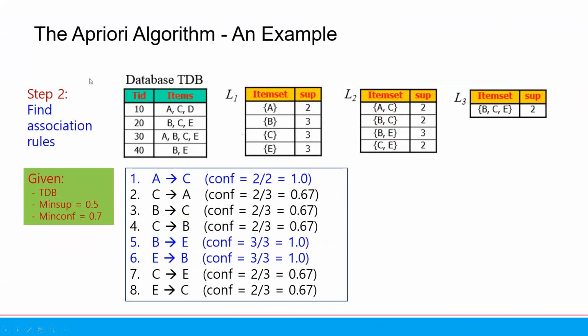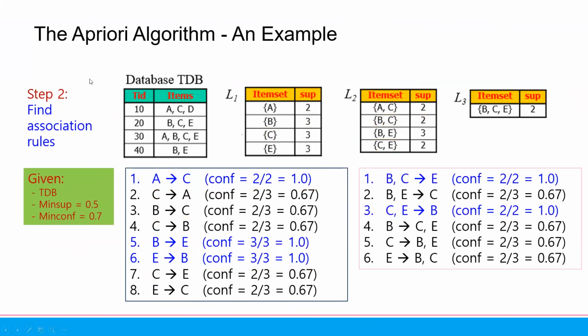What is next? We need to check when k equals to 3. When k equals to 3, we see from L3 that we have BCE.